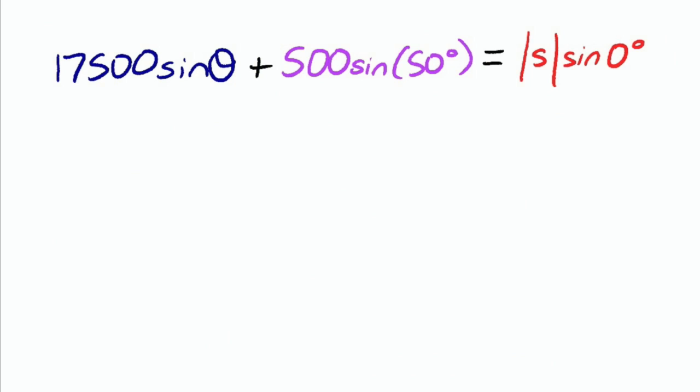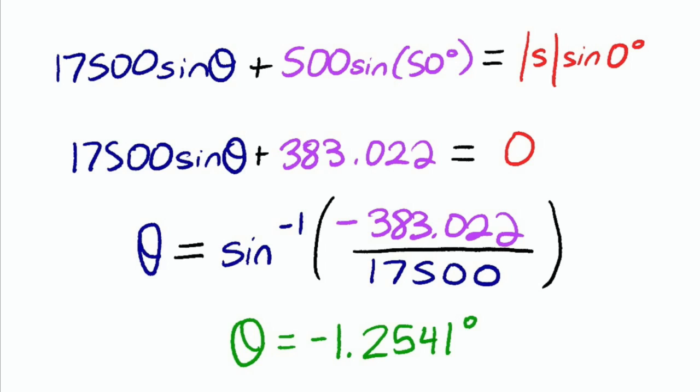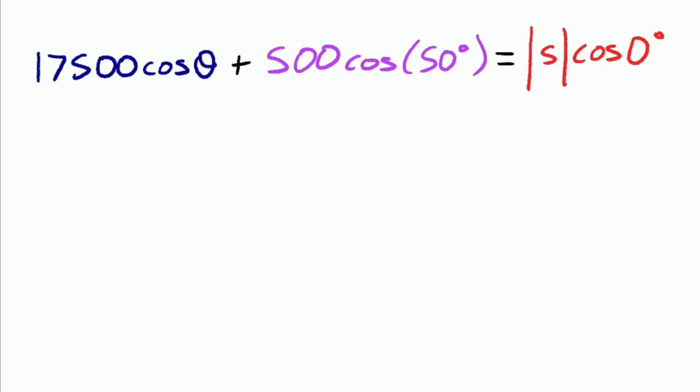Make sure to solve the sine one first and find out the intended direction. Now, look at this equation and simplify. Yup, the unknown direction is negative 1.2541 degrees.